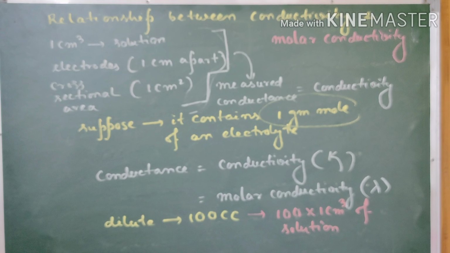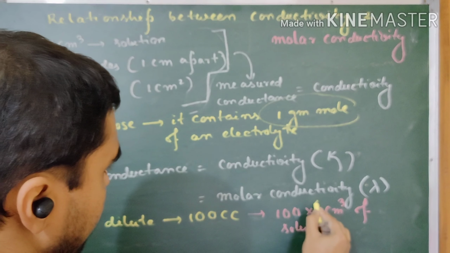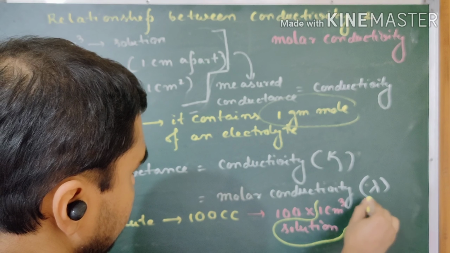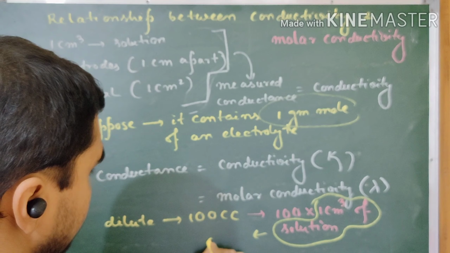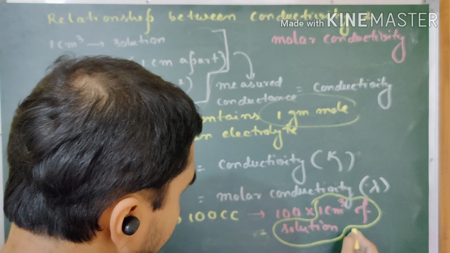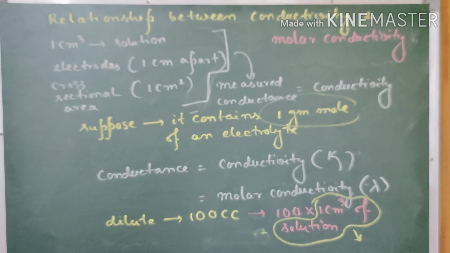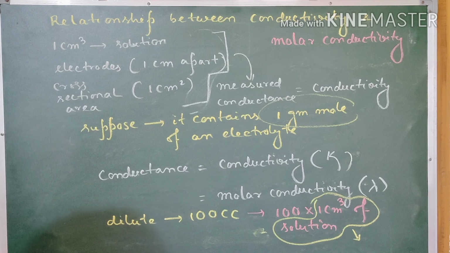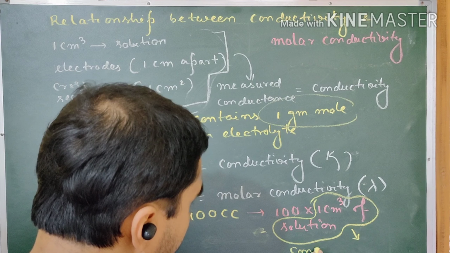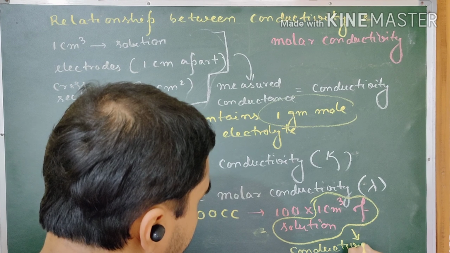The conductance of each 1 centimeter cube will be its conductivity, so the conductance of the solution will be 100 times its conductivity.